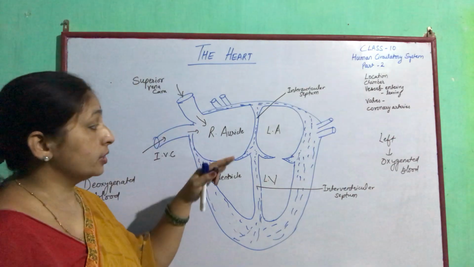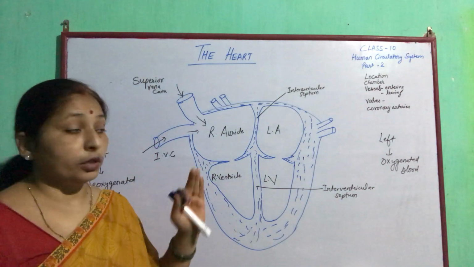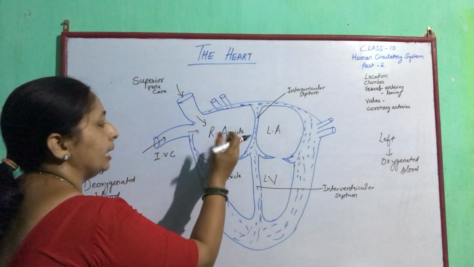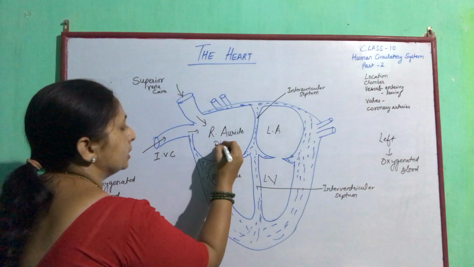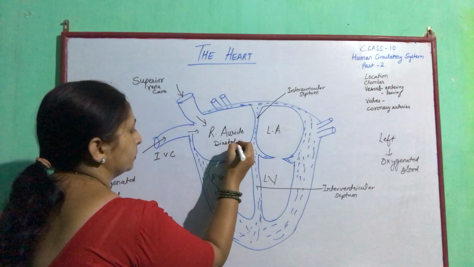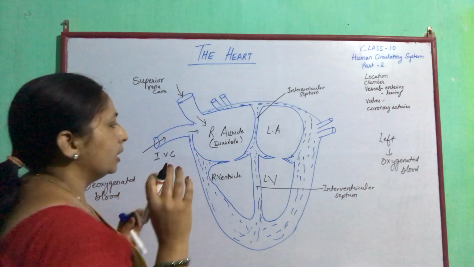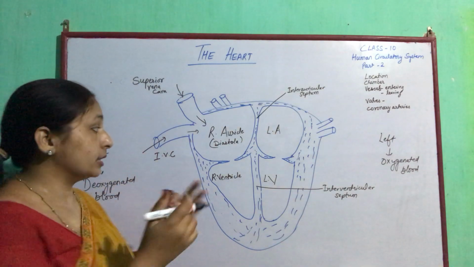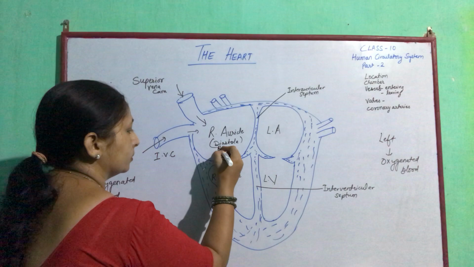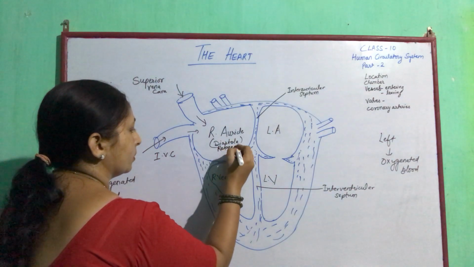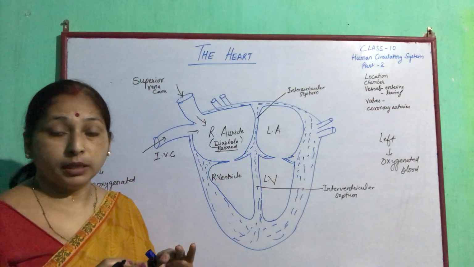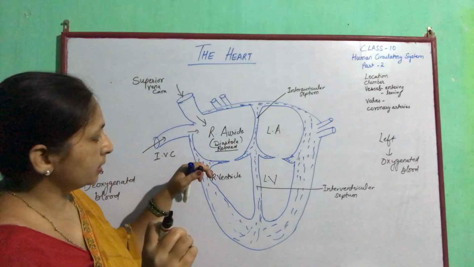When it receives blood, what is the phase? The auricles are in a relaxed phase, which is termed diastole. In diastole, they are in relaxed condition. When they get completely filled with blood, they contract.